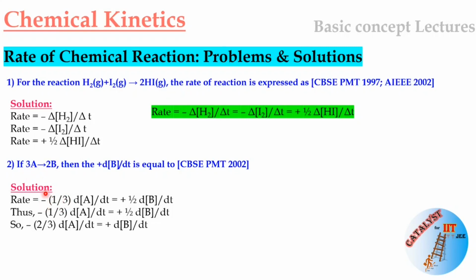For products you need to put a positive sign, and the coefficient is 2 here, so it will come as 1 by 2 dB by dt. Thus minus 1 by 3 dA by dt is equal to half dB by dt. So plus dB by dt, you can just move this half to this side, and you will have dB by dt equal to minus 2 by 3 dA by dt. So this is the answer.